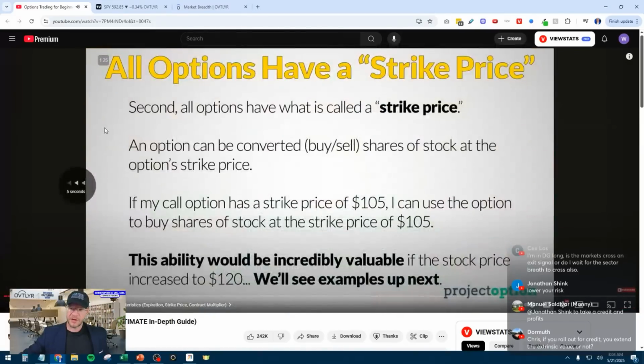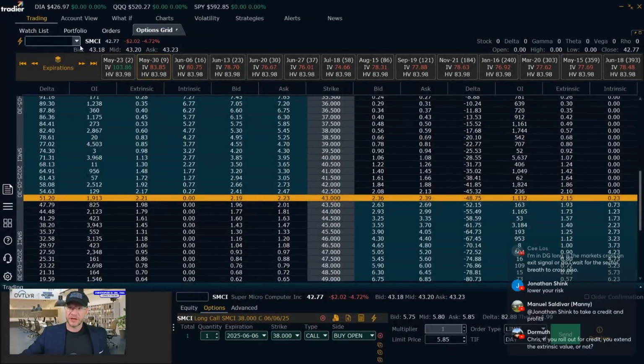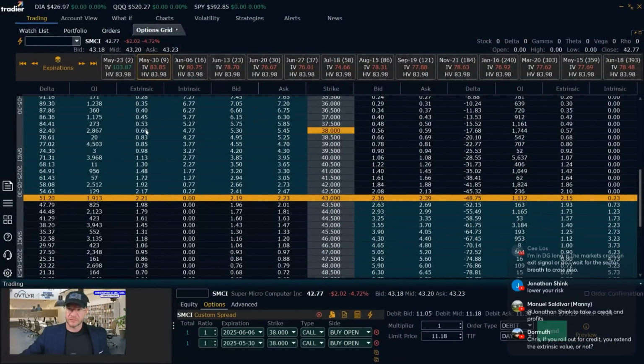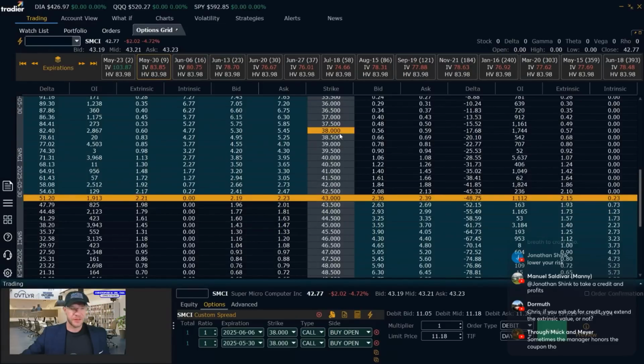Let's go back and talk about how this is like a coupon. If I'm looking at SMCI and I buy the 38 calls, I just got out of that trade yesterday, the 38 calls in SMCI, I am saying that I want to buy the stock at $38, but the stock is currently trading at $42.77.